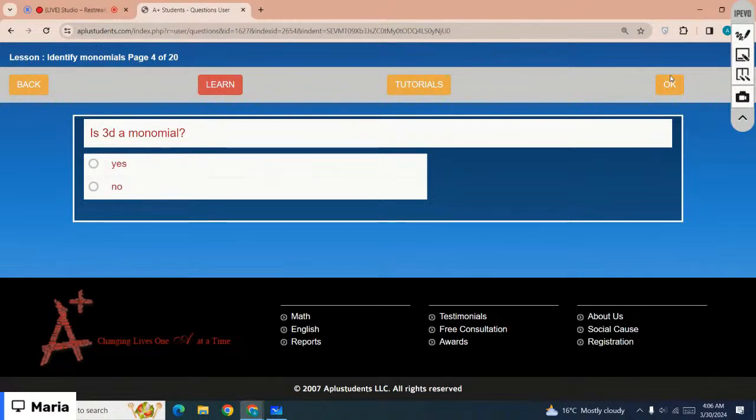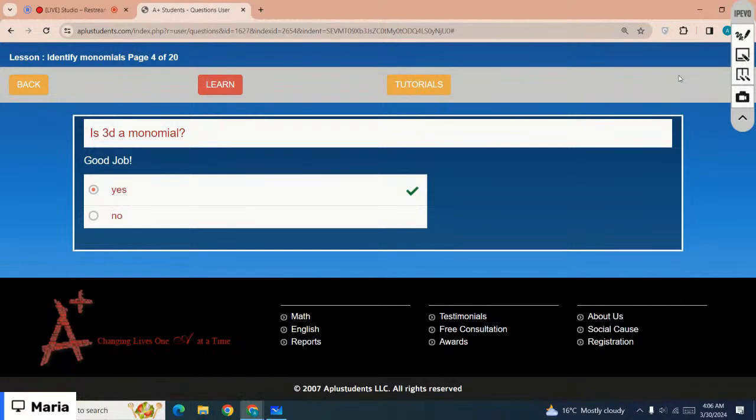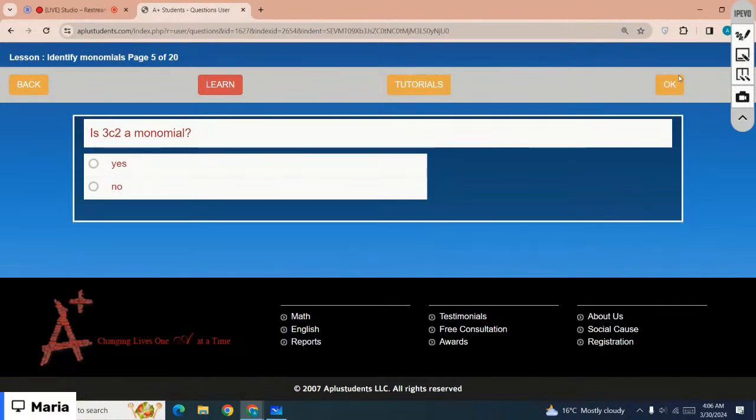Is 3t a monomial, which is the correct option? The correct option is yes, it is a monomial, right? Is 3c2 a monomial, which is the correct option?